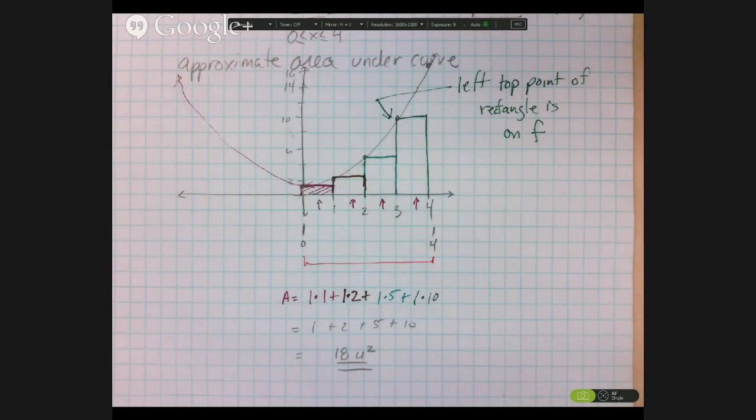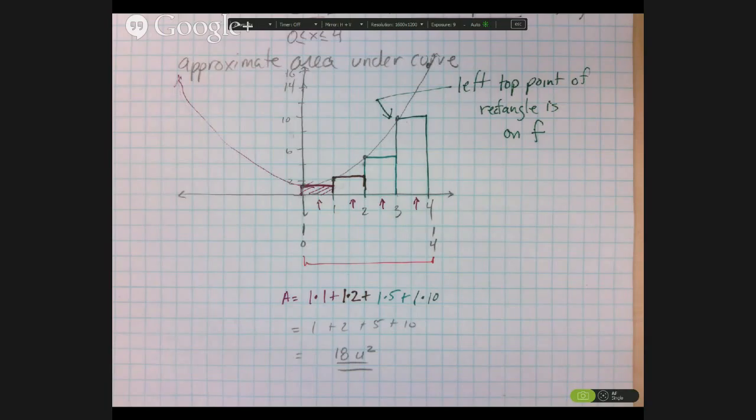So you guys are, so this is an underestimate. Some of you are automatically thinking, how can I make it more exact? Right? I'm hearing this conversation. That's good. Hunter, what did you say? I said it would be above it, and you have to have it for the right corners, and then if you did a right endpoint approximation and then average the two, it would get a good approximation.